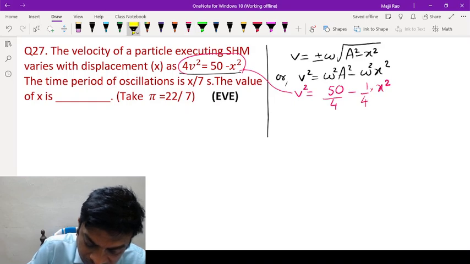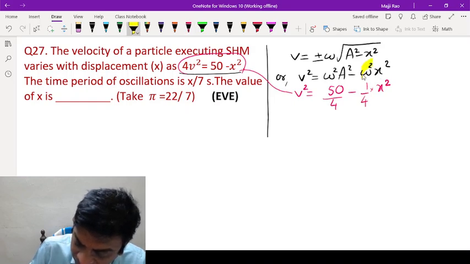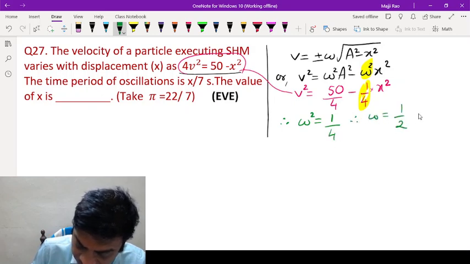Comparing these two, I can see the coefficient of minus x square is omega square, which is 1 by 4. So omega is equal to half.